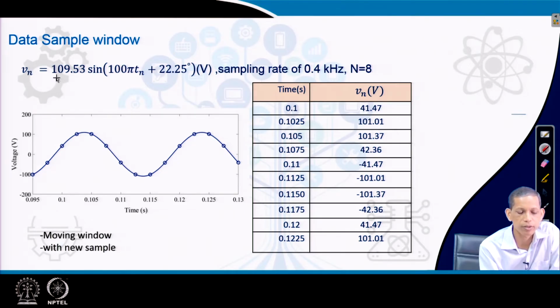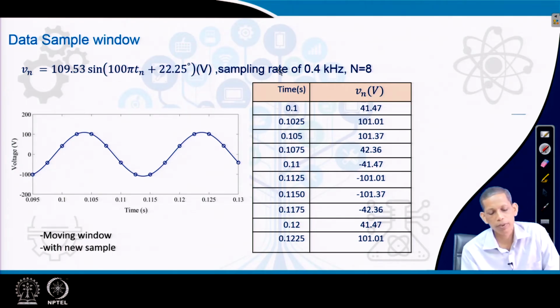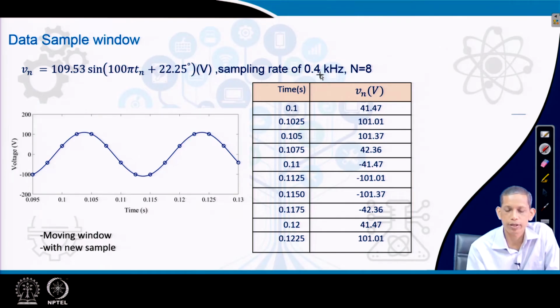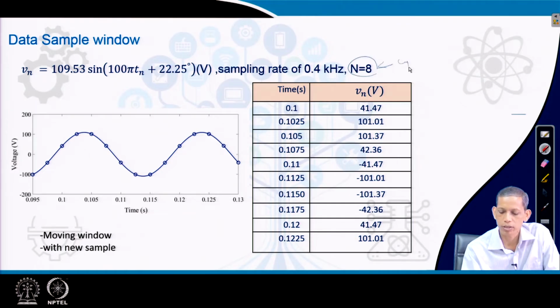The samples are V n equals 109.53 sine of 100 pi t n plus 22.25 degrees, and the sampling rate we have taken here is 0.4 kilohertz, that is 400 hertz. Because this is a 50 hertz signal, for each cycle we get the number of points N equals 8 points.